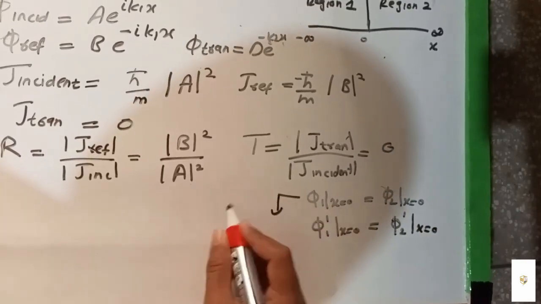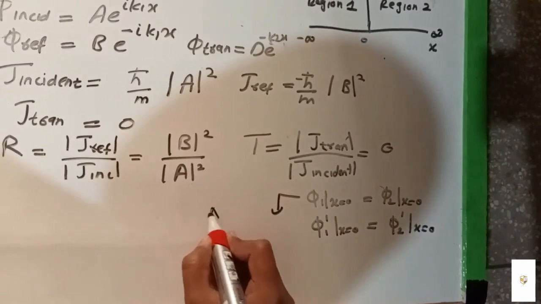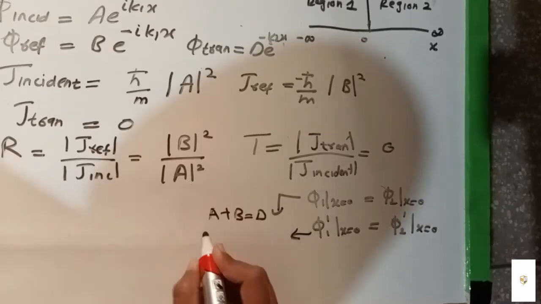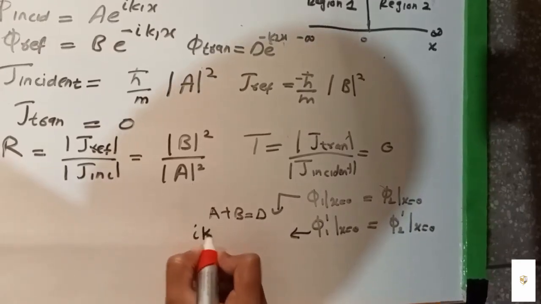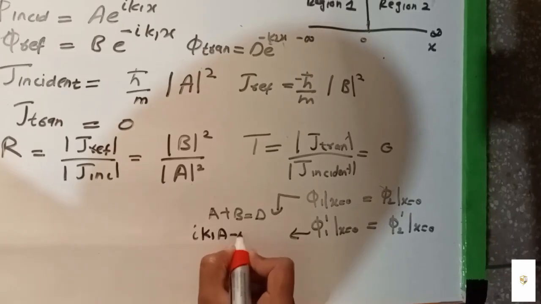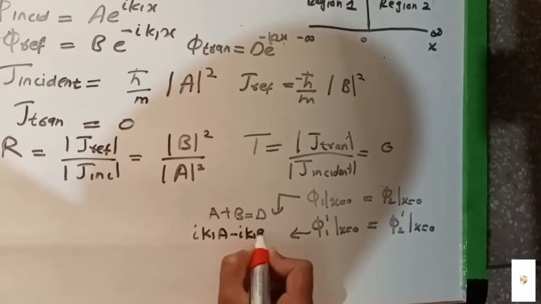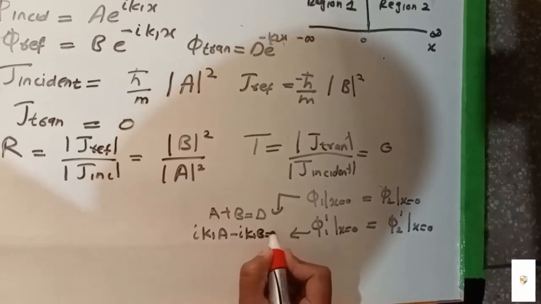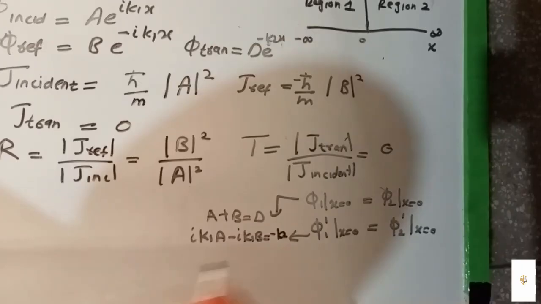This gives us A plus B is equal to D, and iota k1 A minus iota k1 B is equal to minus k2 D.